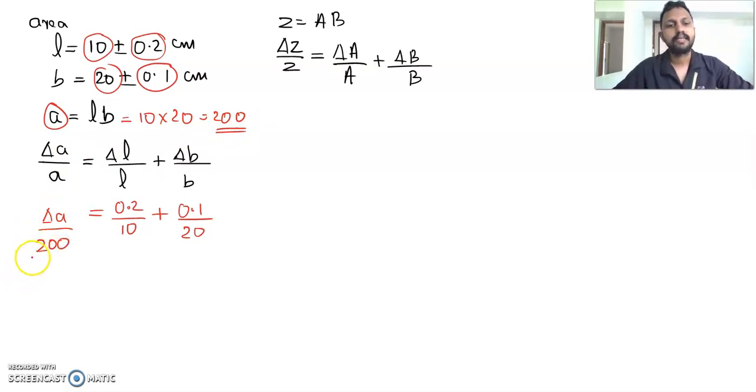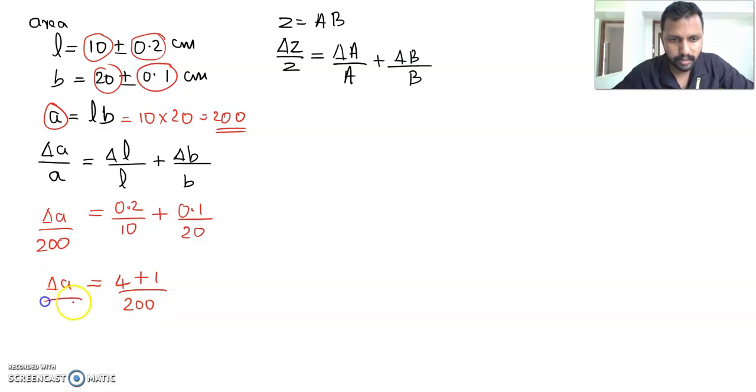Then if we are cross multiplying this, we will get 0.2 into 20, that is 4, plus 0.1 into 10, that is 1, divided by 10 into 20, that is 200, equal to delta A by 200. Then we could cancel this 200 and 200. Then ultimately we will get delta A is equal to 5.